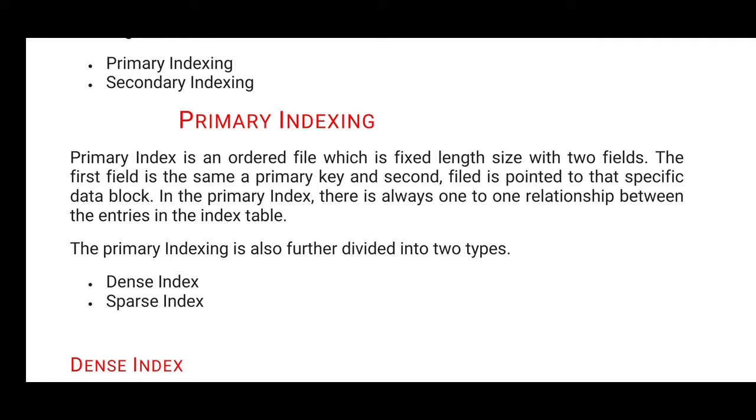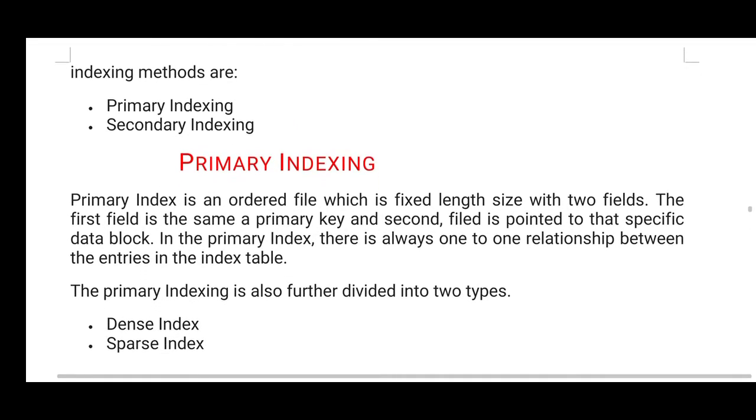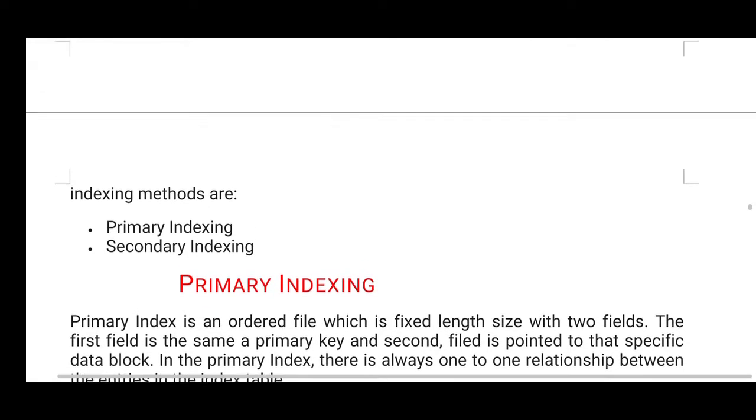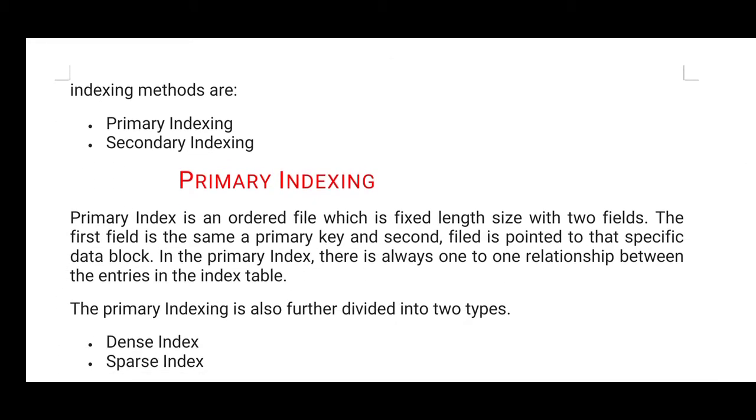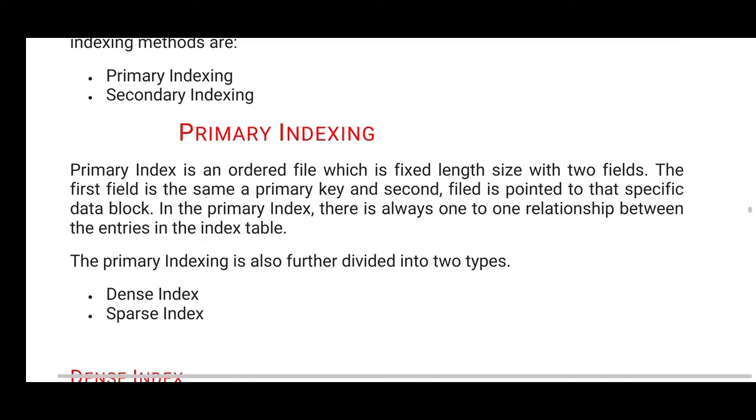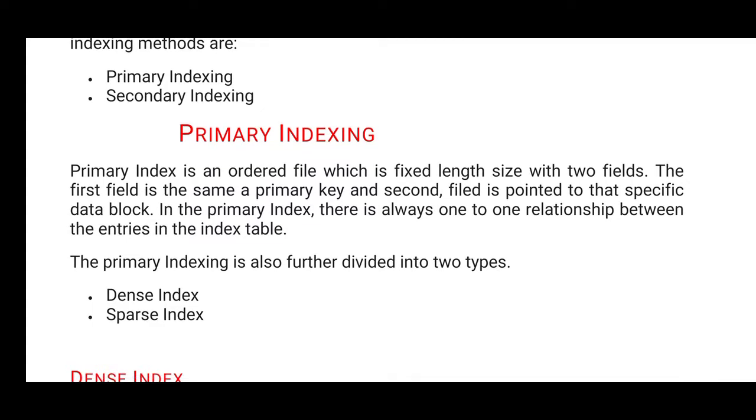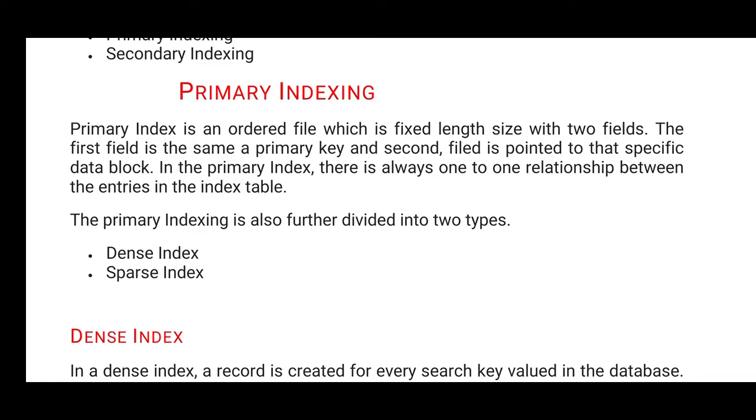Here we have primary indexing and secondary indexing, two main methods. In primary indexing, an ordered file of fixed length size with two fields, the first field is the same as the primary key and the second field points to the specific data block.